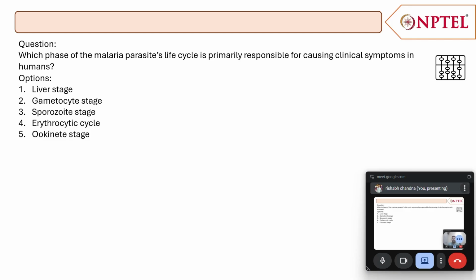Which phase of the malarial parasite's life cycle is primarily responsible for causing clinical symptoms in humans? So, what can be the correct answer?